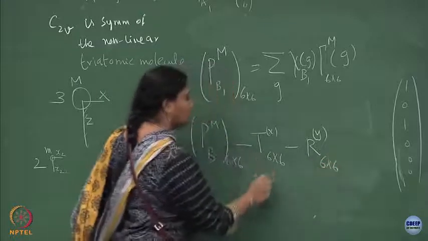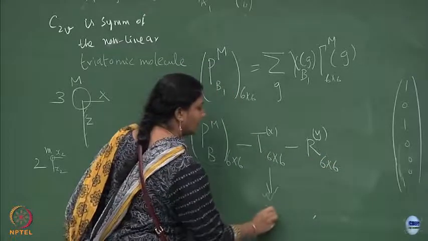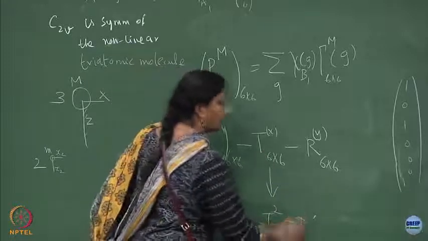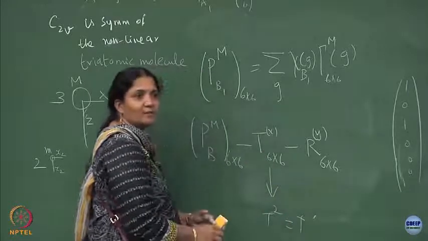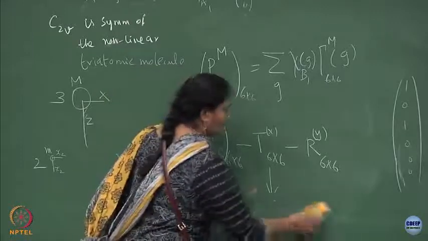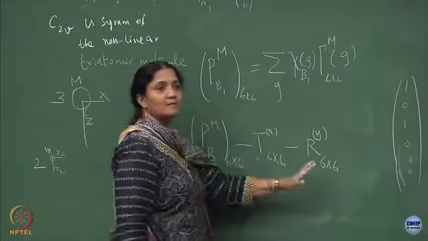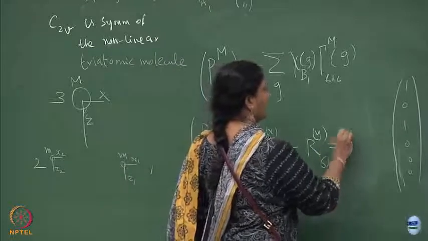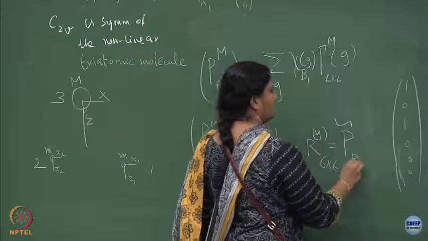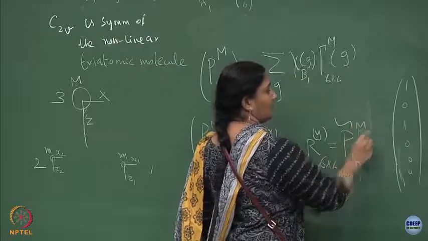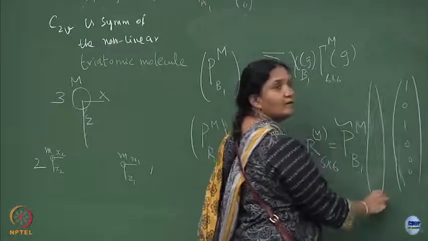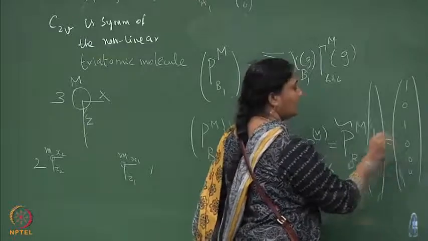What is the definition of a projector? T squared, if you do it twice, it should be the same. That is the definition of a projector. So, please fix this and find what it is, that I will call P tilde B1 M, and if it operates on an arbitrary state, I have to get this.